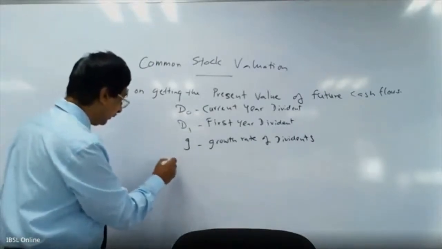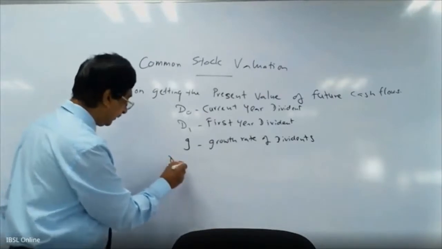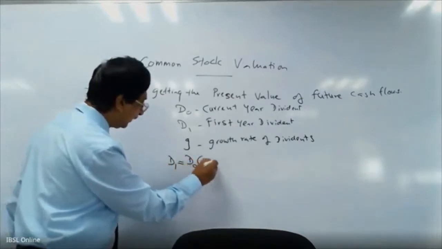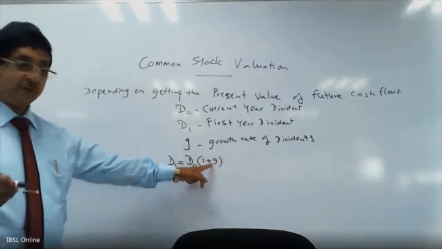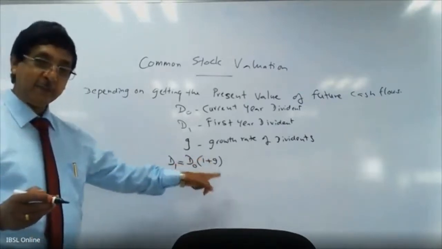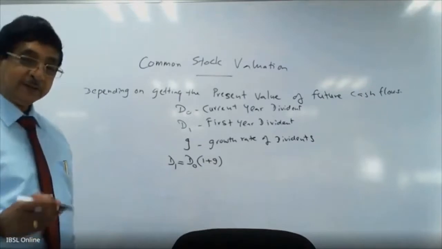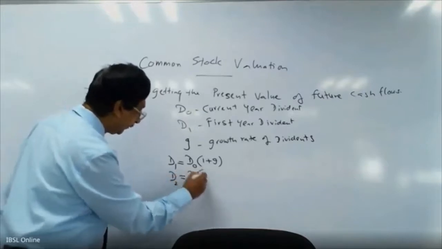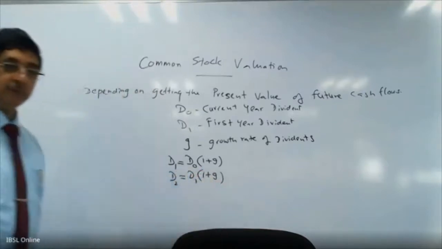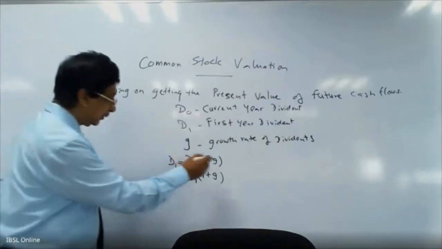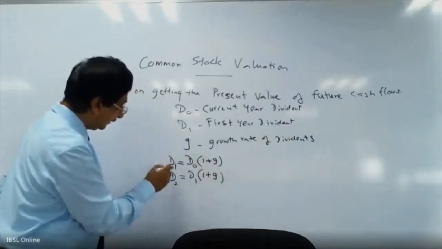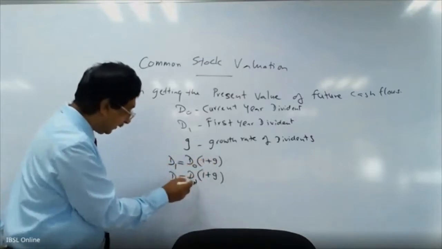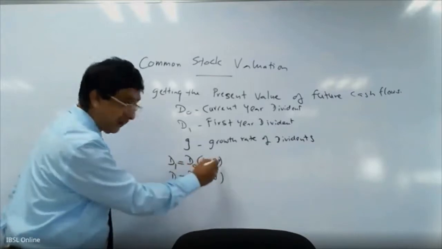Now we can write down D1 in terms of D0. D1 is equal to D0 into 1 plus G, where G is the growth rate. In the same manner, D2 is equal to D1 into 1 plus G. In the first equation, we get D1's value in this form, D0 into 1 plus G. We replace D1 with this value.